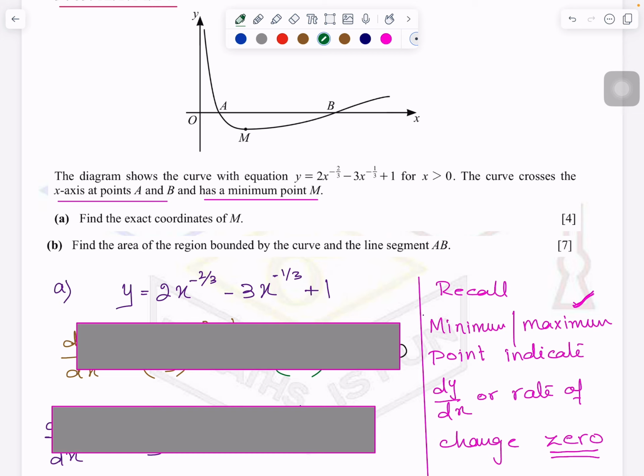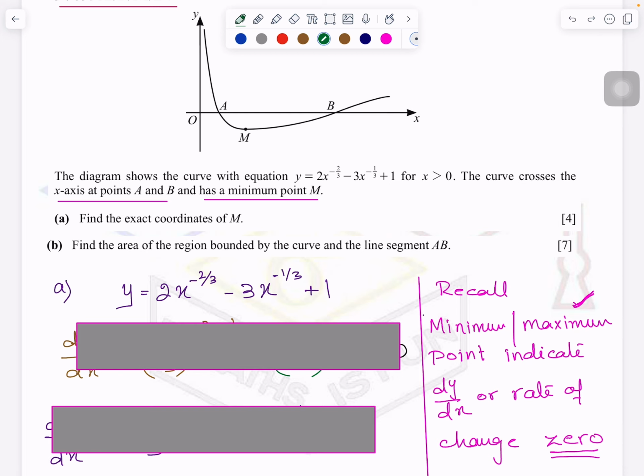So this reminds us that we have to differentiate the equation of the curve and put it equal to 0 to get the x coordinate. And after that we will find the area of the region between the curve and the line. So this is the area we will find out. So that is the second part.